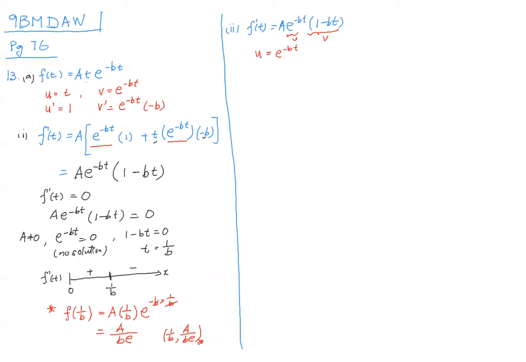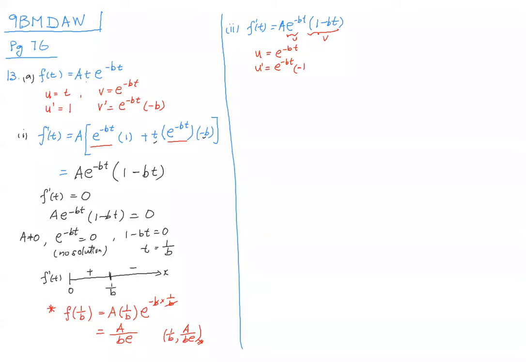Okay. So, Carol Rampa, what is u prime? U prime is e to the power of negative bt, and then bracket negative bt? Oh, negative b.